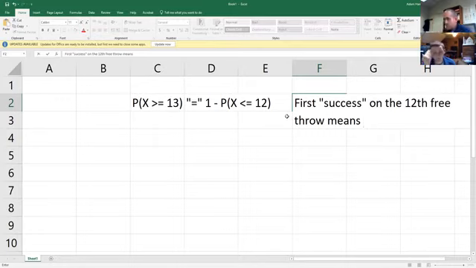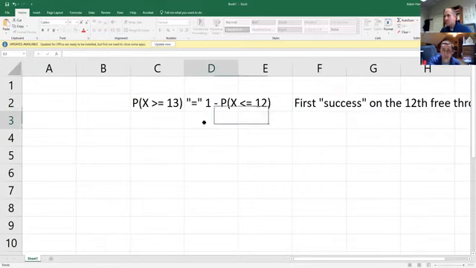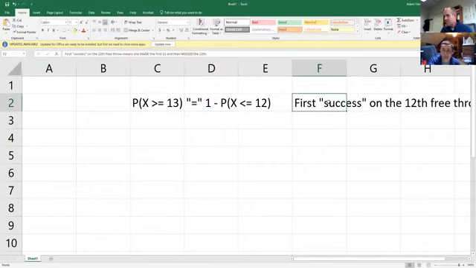A first success on the 12th throw means 11 failures. She made the first 11 and then missed the 12th. So that's kind of the key.